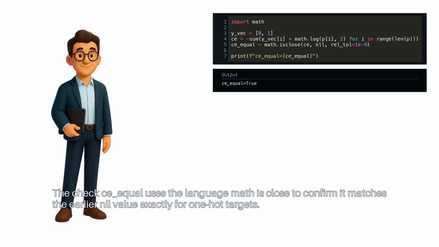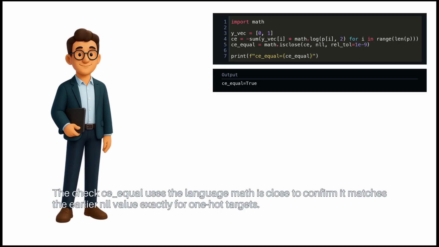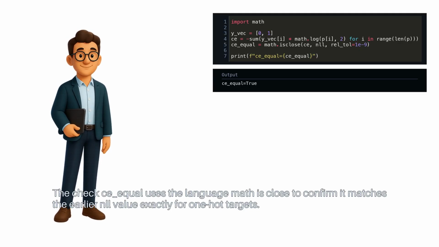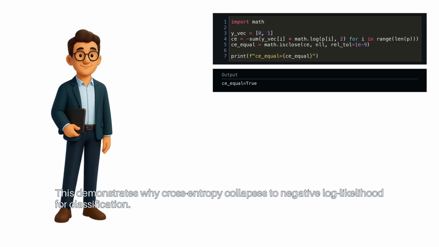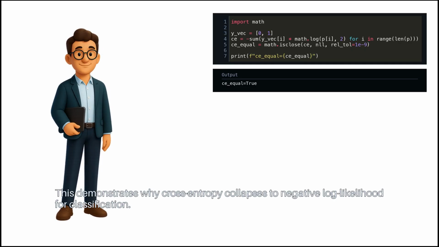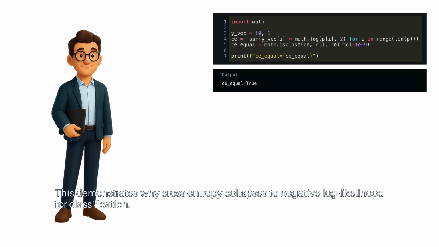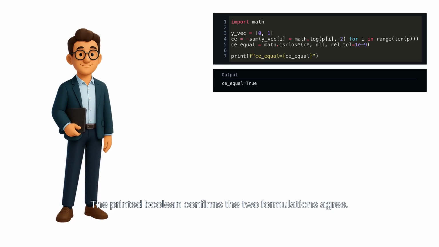The check C equal uses the language math is close to confirm it matches the earlier NLL value exactly for one-hot targets. This demonstrates why cross-entropy collapses to negative log likelihood for classification. The printed Boolean confirms the two formulations agree.